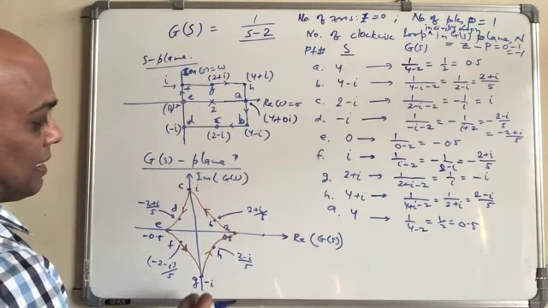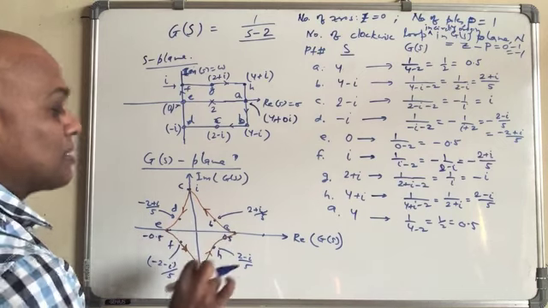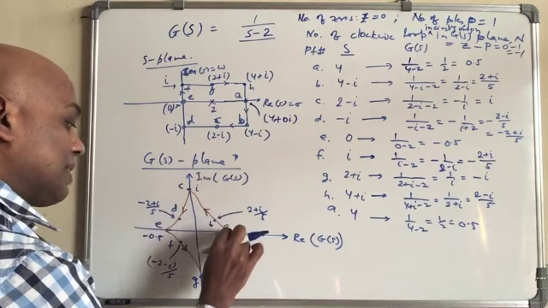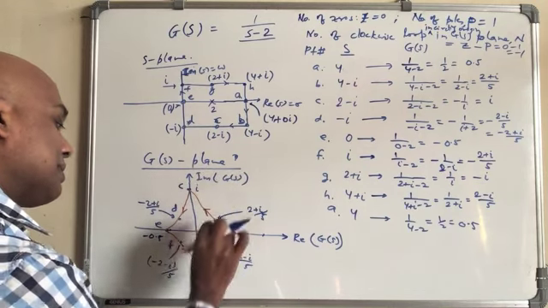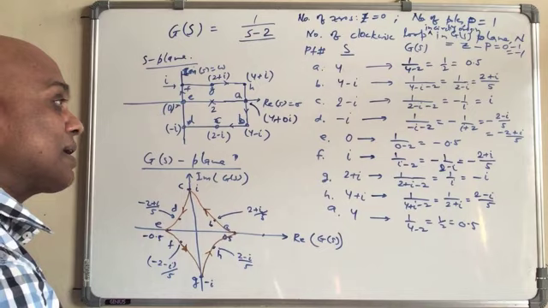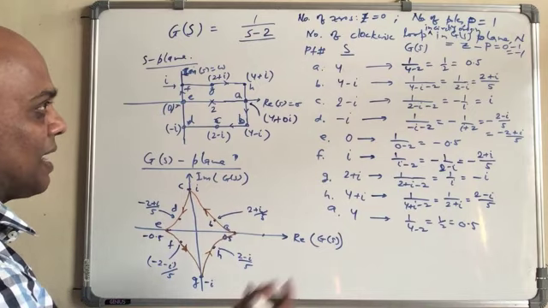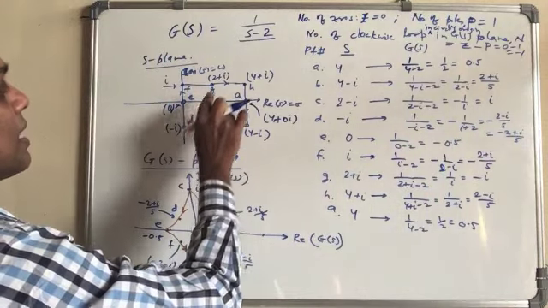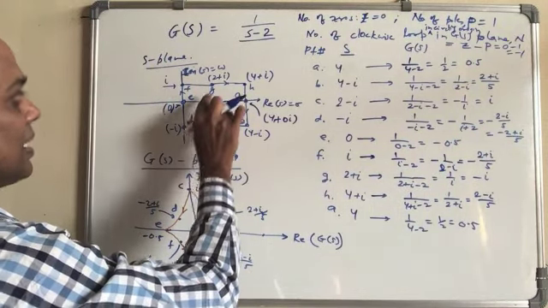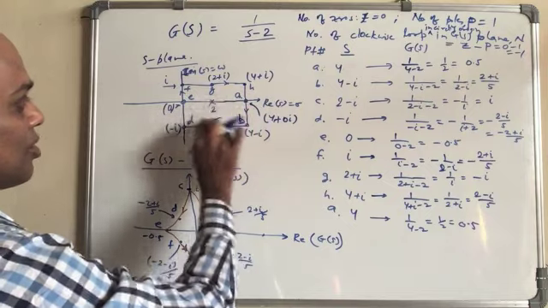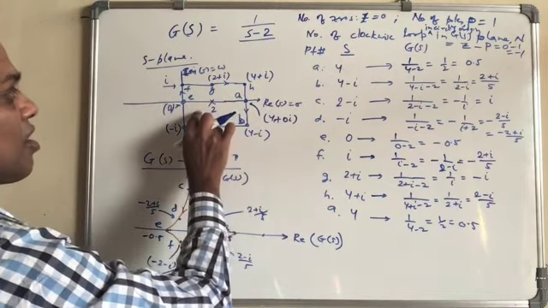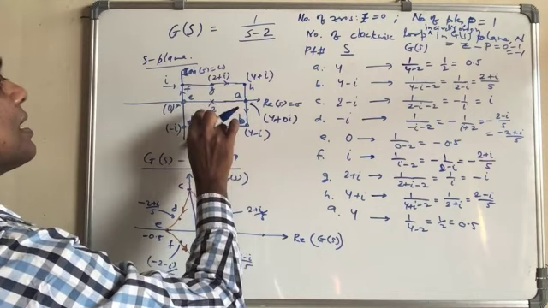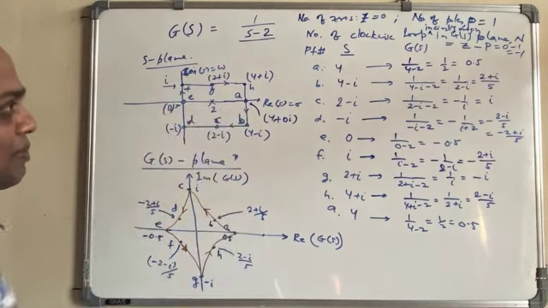Here we observe how many times it encircles the origin in the clockwise direction, and that number N is given by Z minus P, where Z is the number of zeros encircled by the original loop and P is the number of poles encircled by the original S loop.